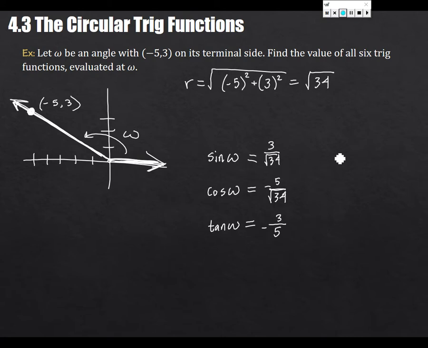And Vicky, you want to get the other three? Root 34 over 3 is in fact the reciprocal of that. I agree. What's the name of that function? Cosecant omega. Yeah, keep going. You're doing great.